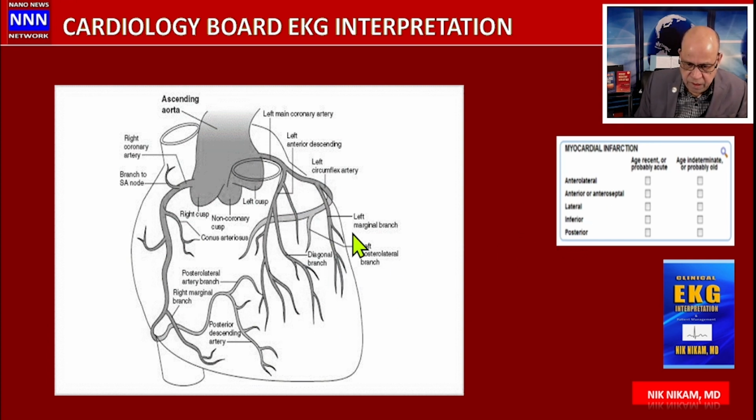Lateral infarct is primarily caused by occlusion of one of the marginal branches that results in changes in the lateral chest leads, namely V5, V6.